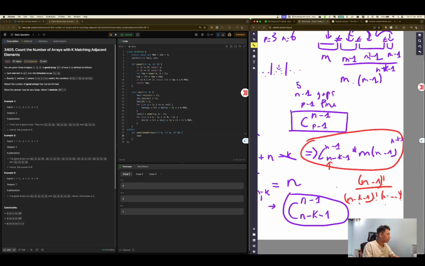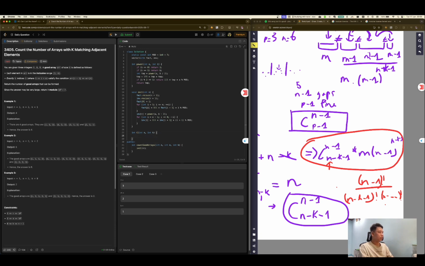Got it. So just initialize. Let's take a look at the maximum value, it must be n. We need to write the function to calculate C(n, k) here.